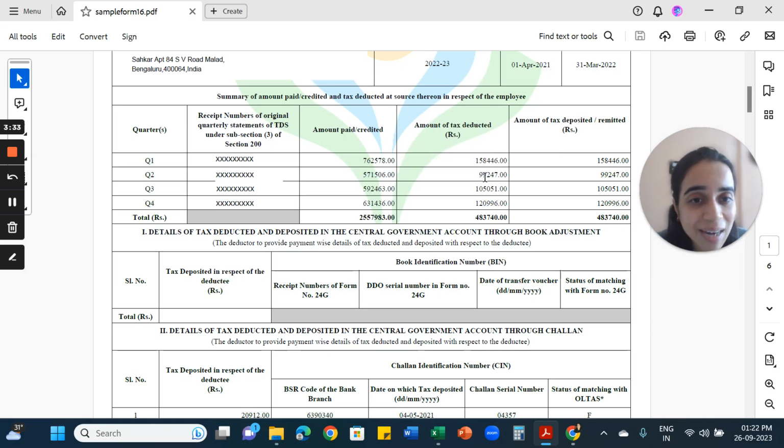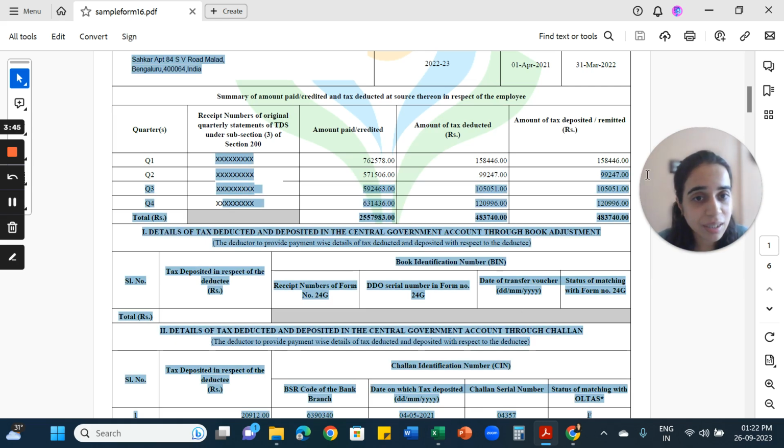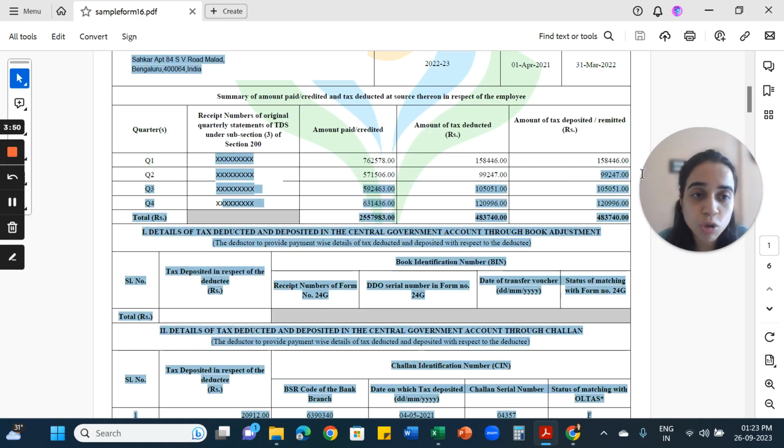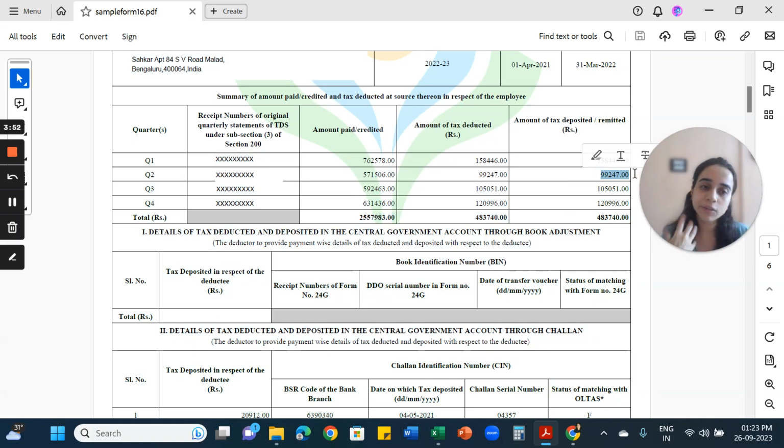On those 3 months' salary, how much TDS is deducted, कितना पैसा कम दिया एम्प्लॉई को, and that money was given to the central government on behalf of this person, and this is the tax deposited. So obviously deducted and deposited have to be the same. There can be a difference also, कि employer ने deduct किया but deposit नहीं किया. There are chances of it.